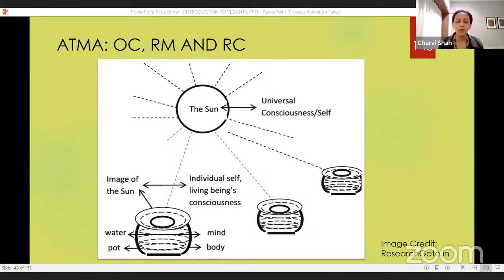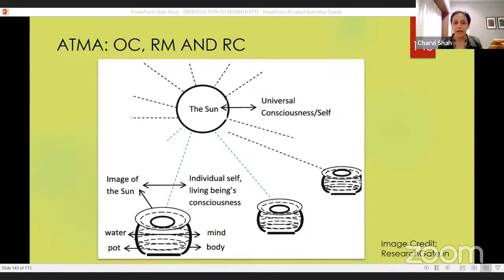But if the water is absolutely still and it is absolutely pure, then the reflection also will be absolutely clear, right? And what does this water represent? The water represents the mind, the reflecting medium. And when will the mind reflect this Atma Ananda clearly?